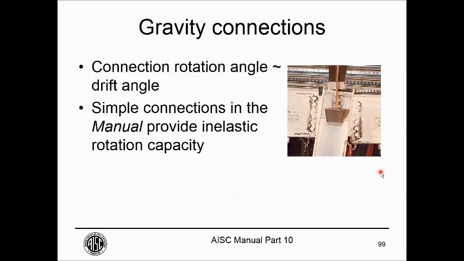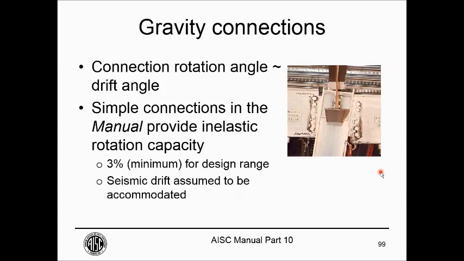And that gives us a lot of rotation capacity: 3% minimum within the design range, and a lot further in the MC and still maintaining integrity. So if we follow those proportioning rules for simple connections that appear in the manual, we really don't have to do any further justification to demonstrate that these connections can accommodate the deformation demands of the structure.